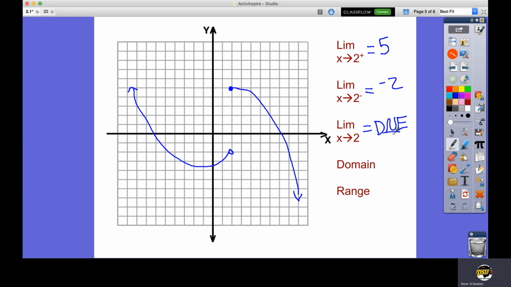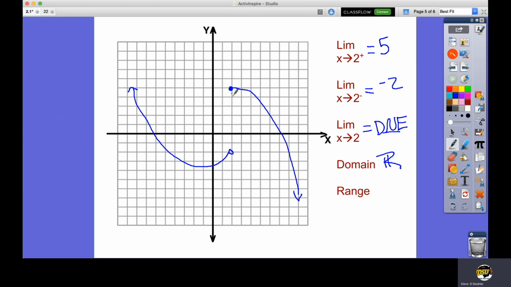All right, domain. What's the domain? What are all the x values that are going to work here? Everything. Yep, so you could say all real numbers. What about the range? It is also everything. Now for the domain, yep, we have a hole, but this hole gets filled up by this.